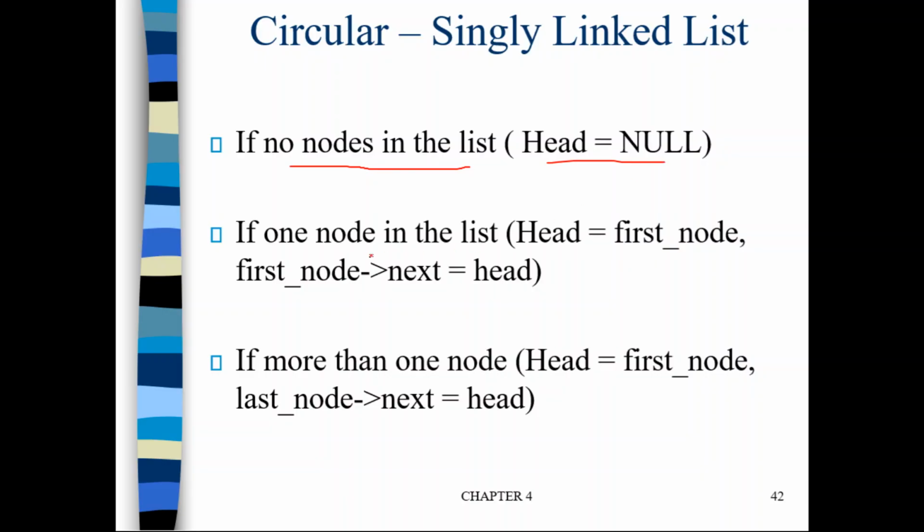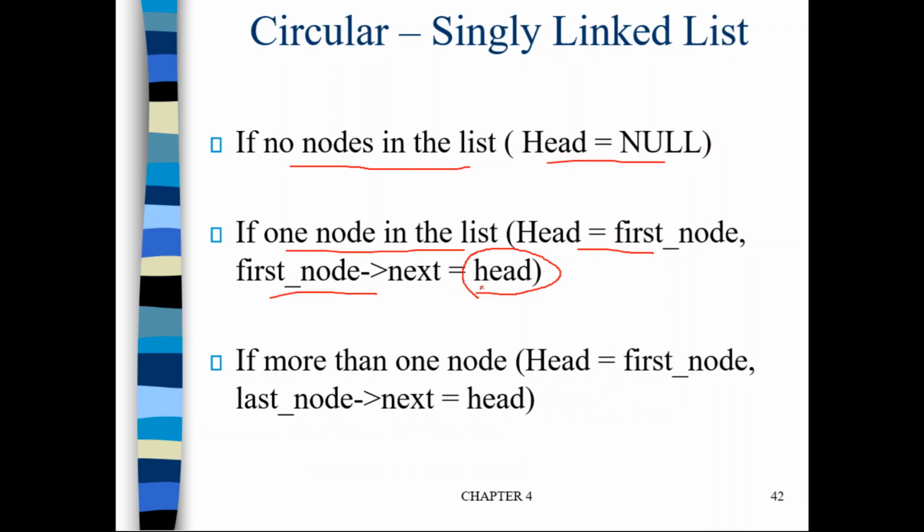If there is one node in the circular linked list, then the head will point to the first node, and there is only one node, that is the first node, and the first node's next pointer will point to head. Head is pointing to the first node, and the first node's next pointer is pointing to the first node itself. Normally we can refer to it as head, first node arrow next equal to head.